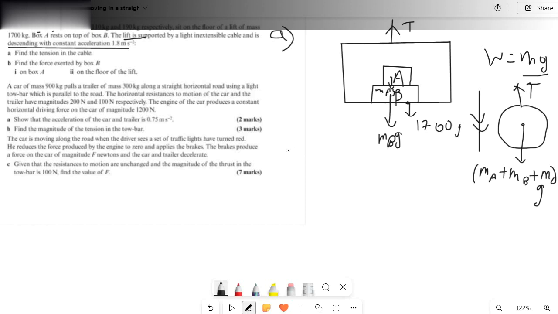So first let's find the total mass, which is 110 plus 190 plus 1700, which is 2000 kg.